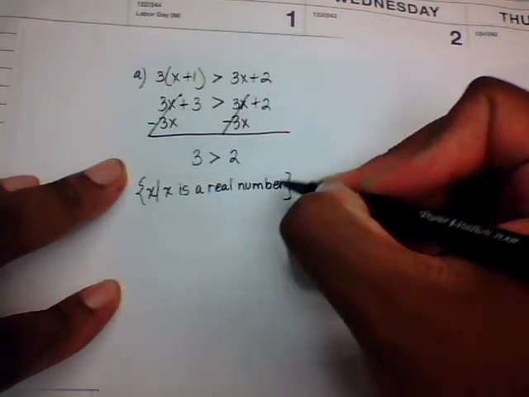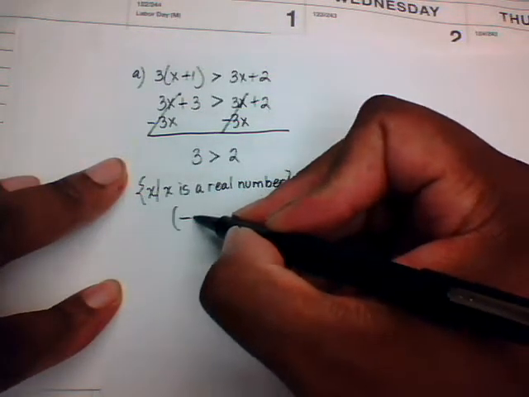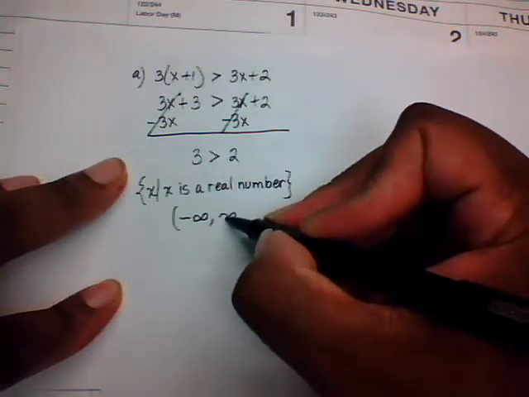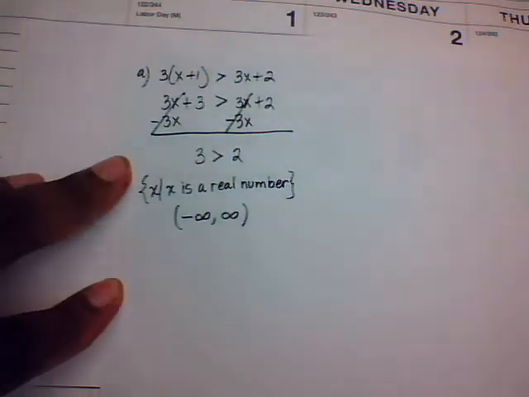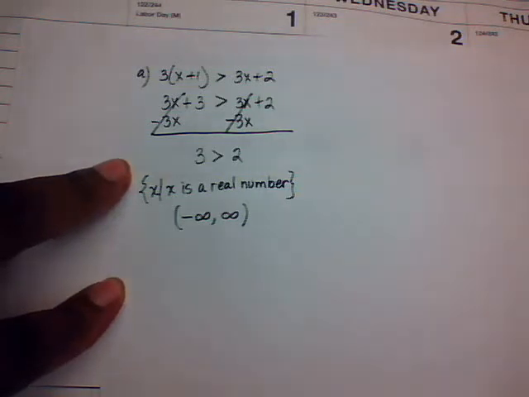Now that's set builder notation. Now interval notation would just be the entire number line from negative infinity to infinity. And if you were to graph this, you'll have to shade the entire number line indefinitely, to the left and to the right.